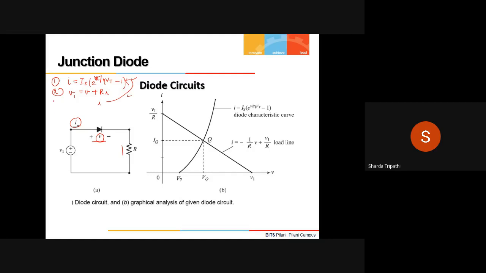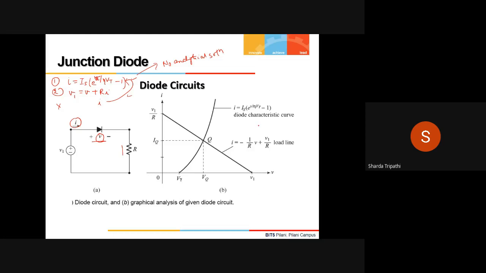But this technique is not applicable over here, because if you substitute the expression for I into this equation, the equation that will finally form will be a transcendental equation that will not have any analytical solution. That means it will not be possible to solve that equation using the techniques that we already know.